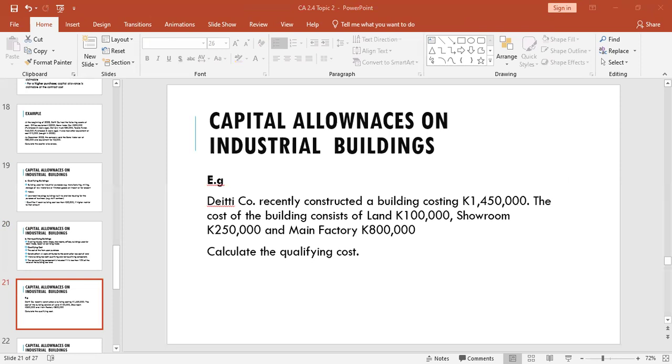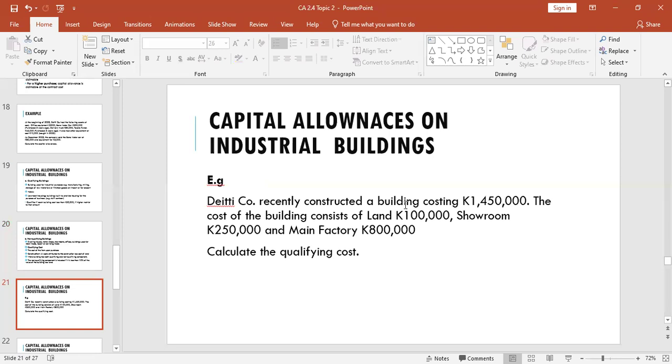This is an example of how to include a non-qualifying component of a building which has both qualifying and non-qualifying components.